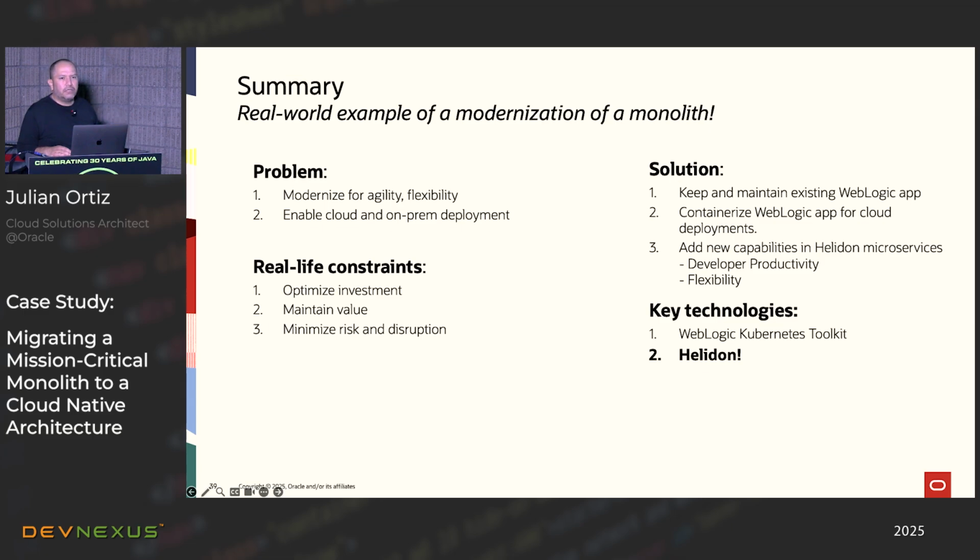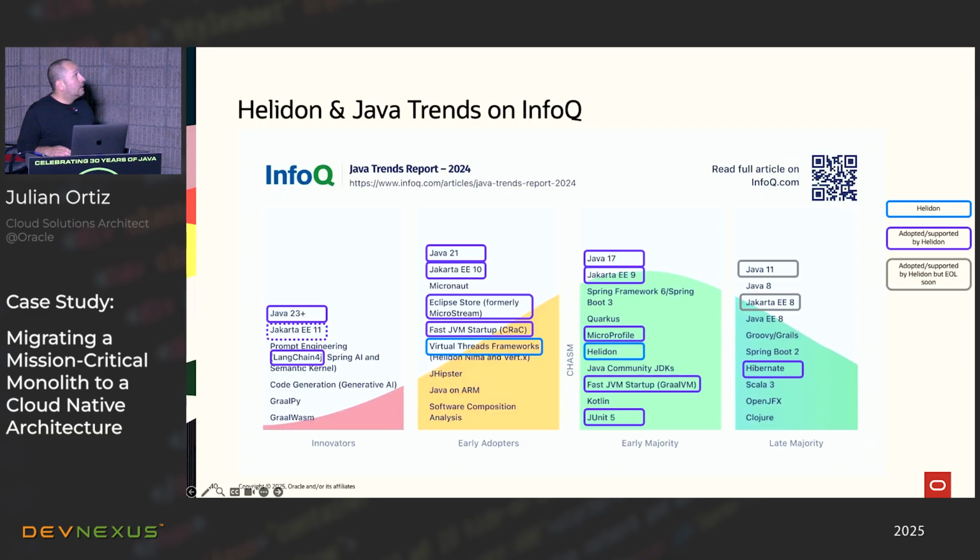Key technologies that we used were a Kubernetes toolkit and, of course, Helidon, which is the framework we decided to use. If you want to read more about Helidon and its uptake in the Java community, here's an article, the Java Trend Report in 2024.